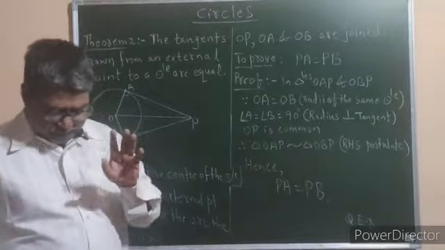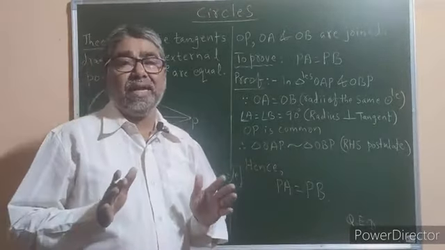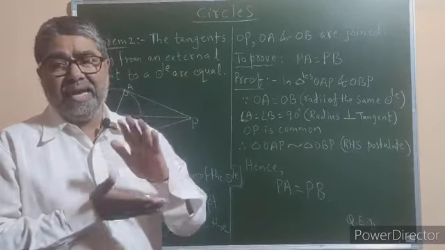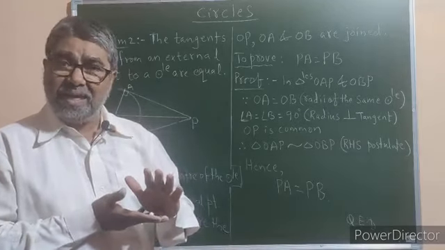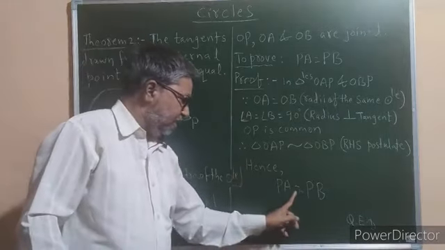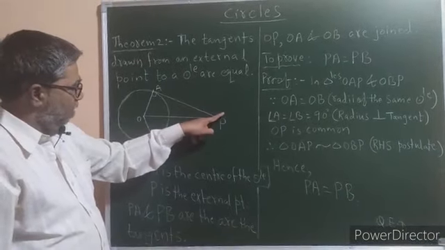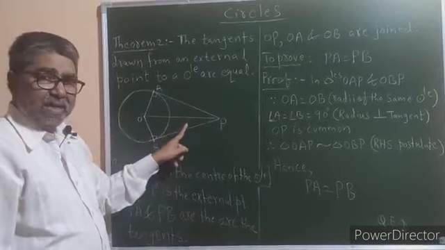When two triangles are similar, their remaining angles and remaining sides are equal. Hence PA is equal to PB, that is, the tangents drawn from the external point, PA and PB, are equal.